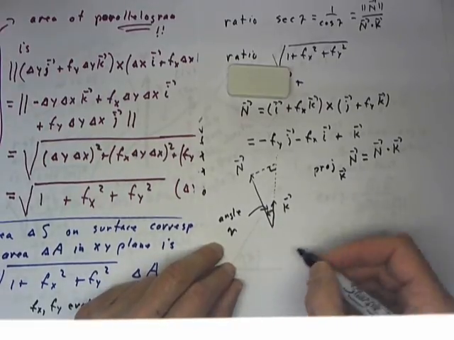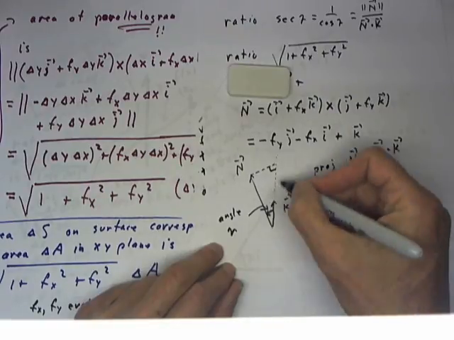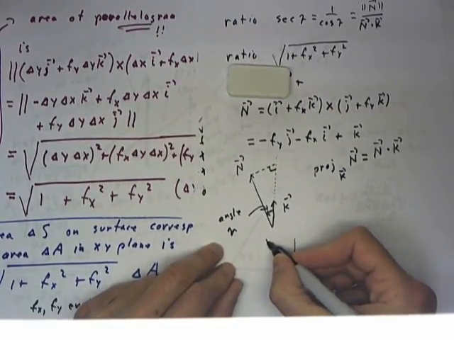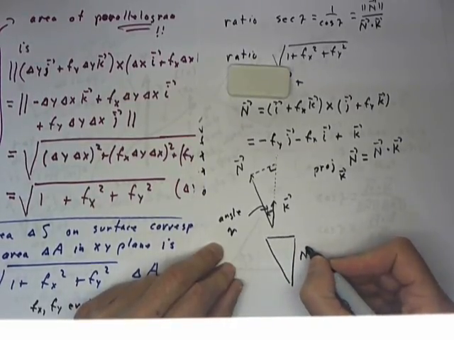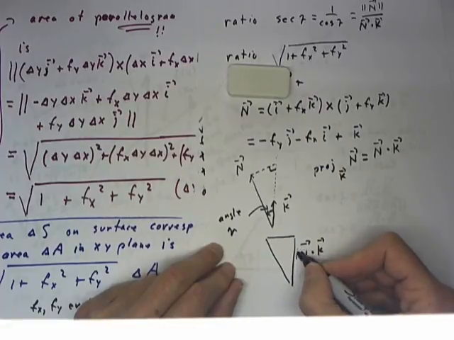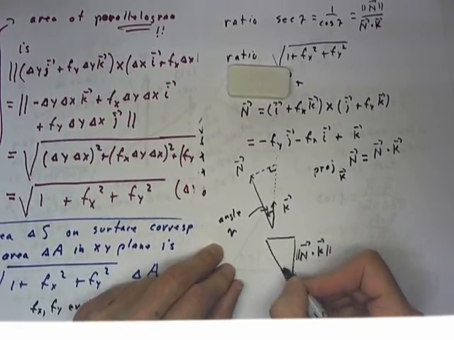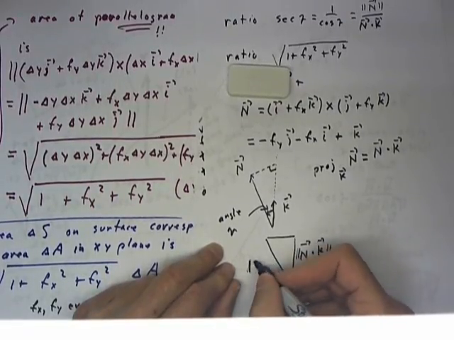Perhaps we think of viewing this triangle now from a plane normal to the triangle. Our triangle is going to look like this, where this side is n dot k. It'll have a magnitude equal to the magnitude of n dot k. The hypotenuse is just the normal vector, so its length is the magnitude of n.